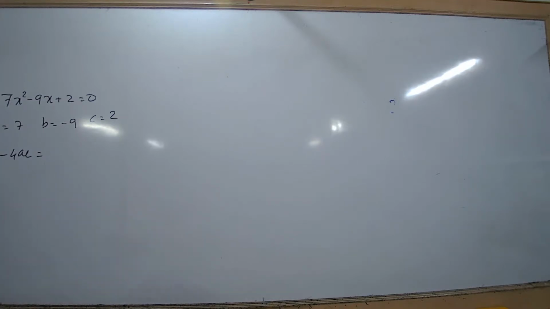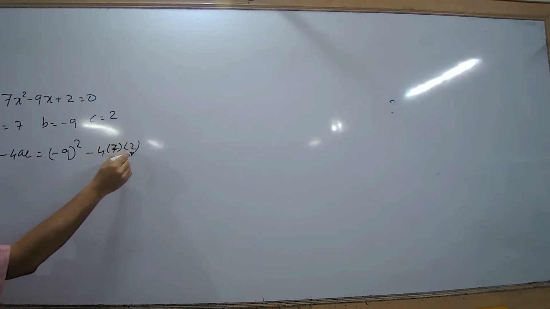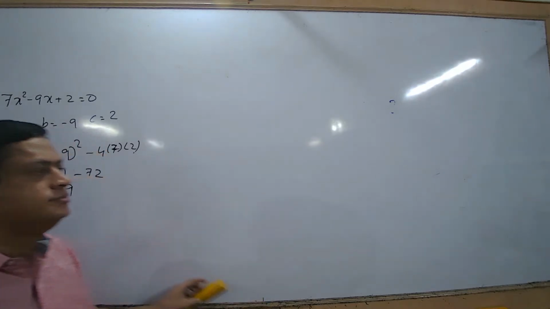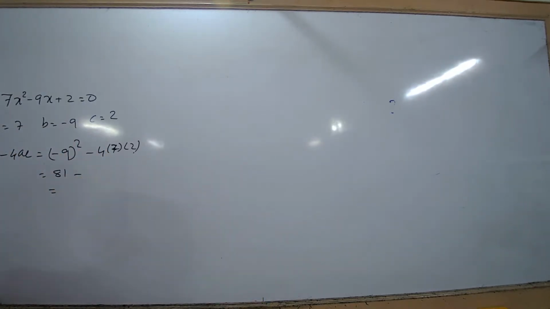Minus 9 whole square minus 4 times 7 times 2. 81 minus 56, that is 25. So b square minus 4ac is greater than 0.